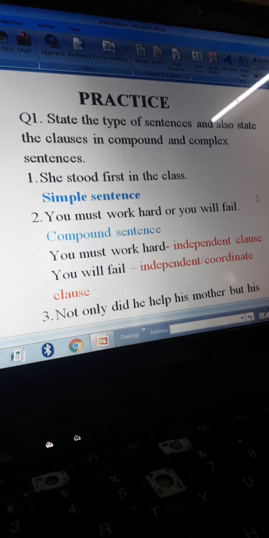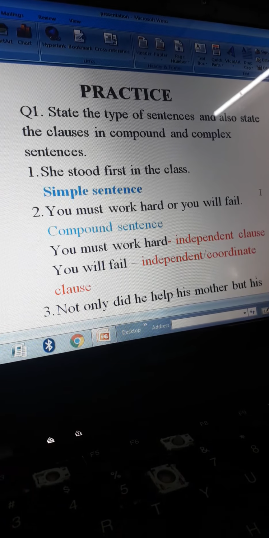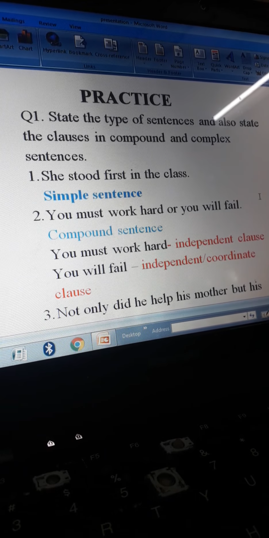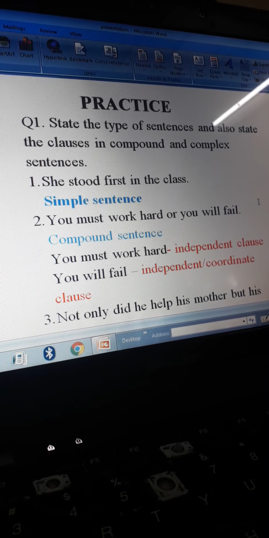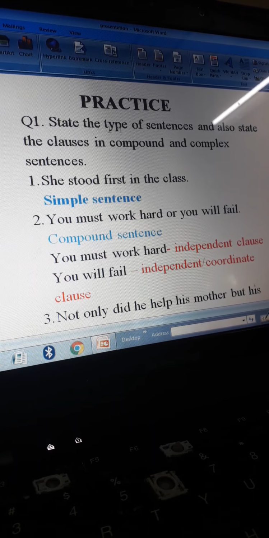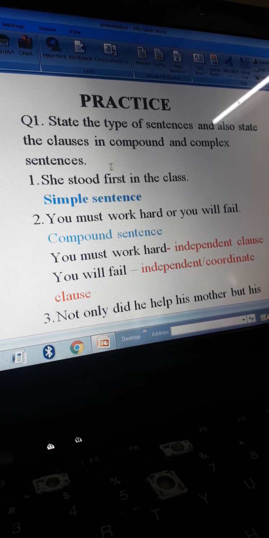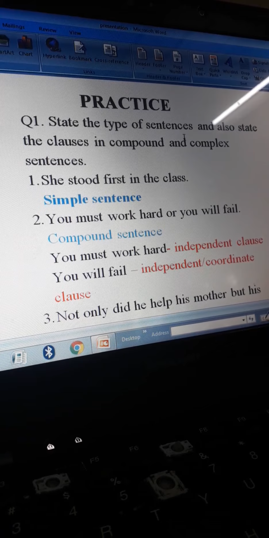Yes, dear students, let's do a practice exercise. Let's identify the type of sentences and let's check how much you have understood and how to solve the exercise. Okay, see, state the type of sentences and also state the clauses in compound and complex sentences. We have to identify the type of sentence first of all.